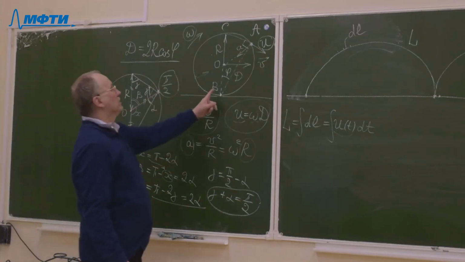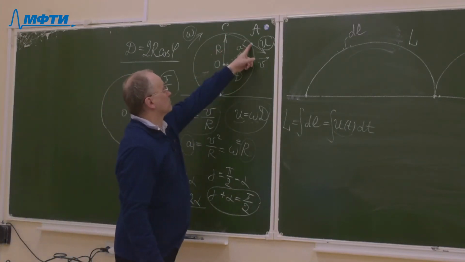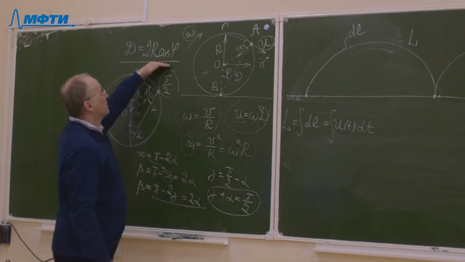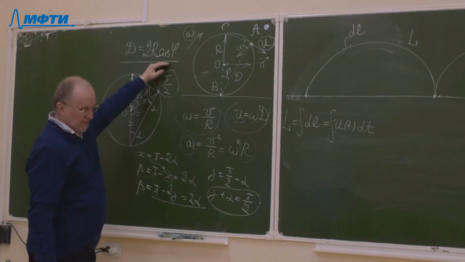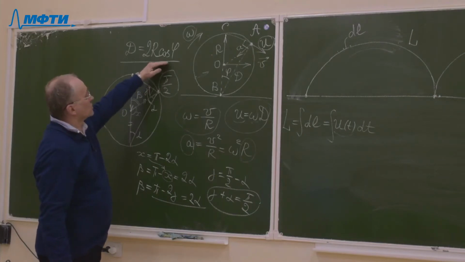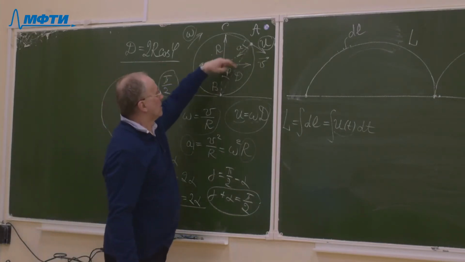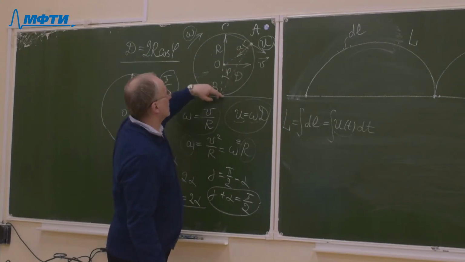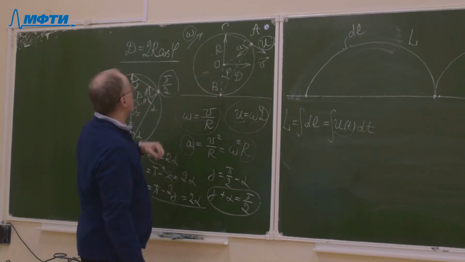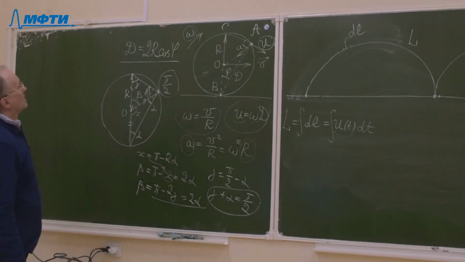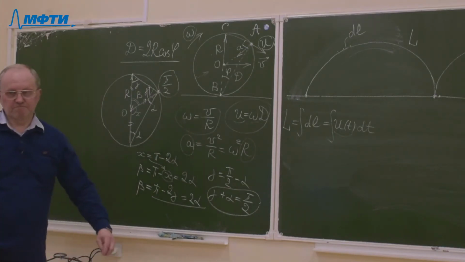And therefore, as this triangle is the right triangle, then I can use the function cosine in order to find one leg of the right triangle, if I want to express it using the hypotenuse. That's it.